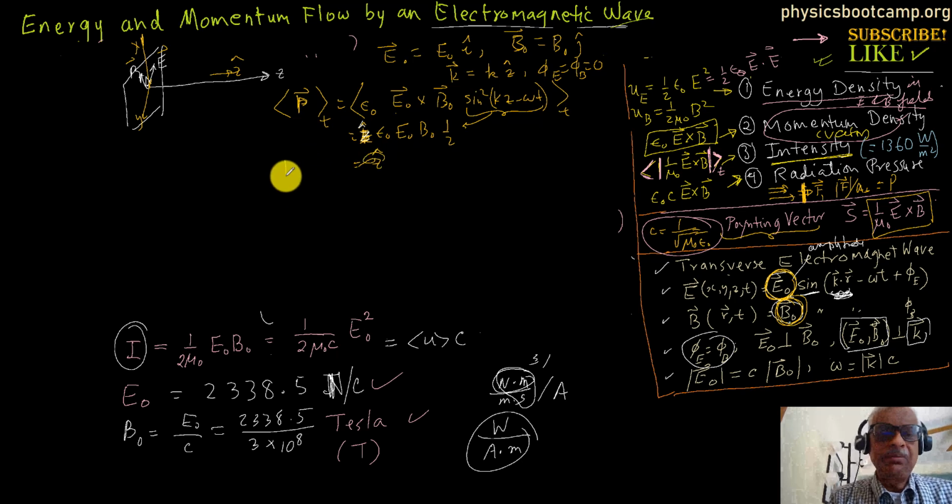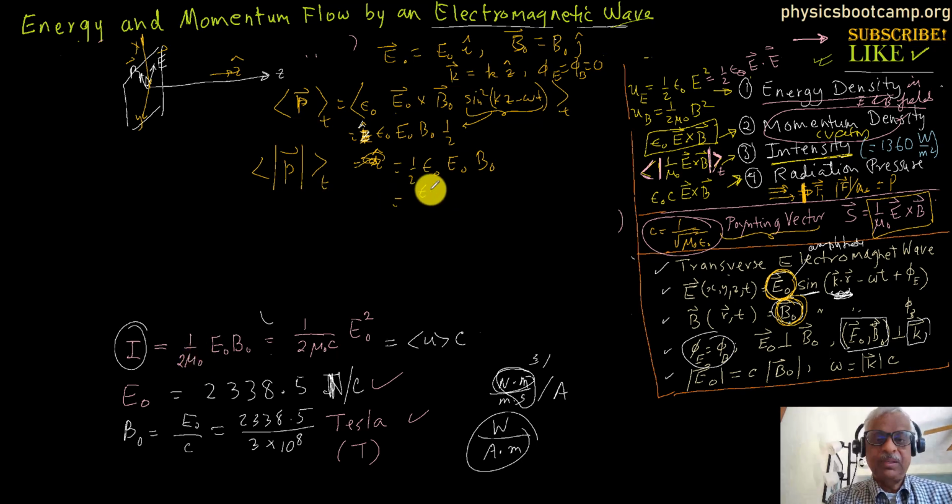We want, let's see, momentum. I want the magnitude, so we don't care about the direction. So you have half epsilon naught E0 B0. Now you can see that intensity is 1/2 mu naught E0 B0.